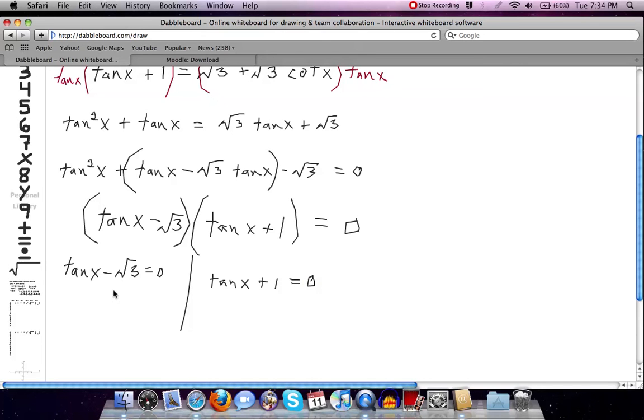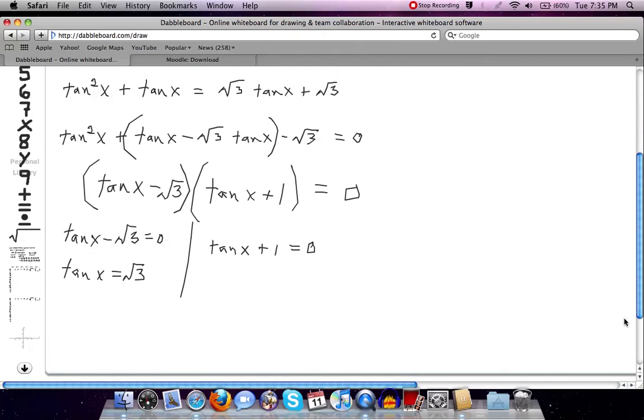So I want to solve this equation. I have the tangent of x equals the square root of 3. So where is the tangent of x equal to the square root of 3? Let's see.